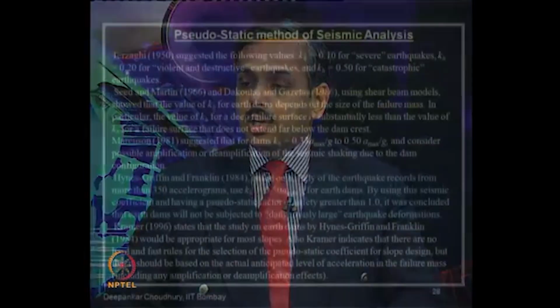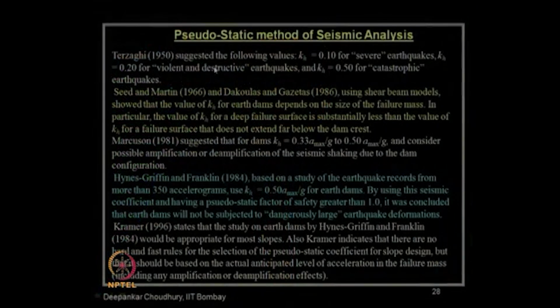Now, other recommendations like Terzaghi in 1950 suggested that the kh value should be considered as 0.1 for severe earthquake, 0.2 for violent and destructive earthquake, whereas kh value should be used 0.5 for catastrophic earthquake. So, those are Terzaghi's recommendation, but remember, these recommendations of pseudostatic values are way back in 1950.